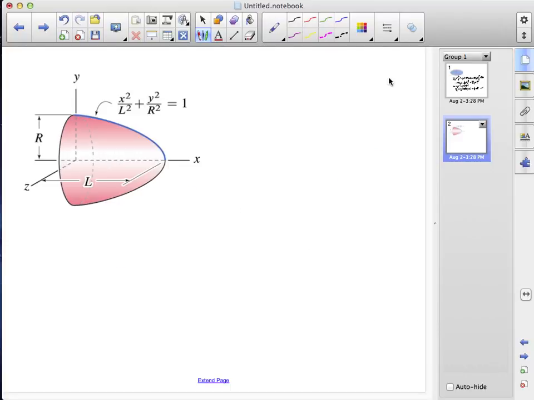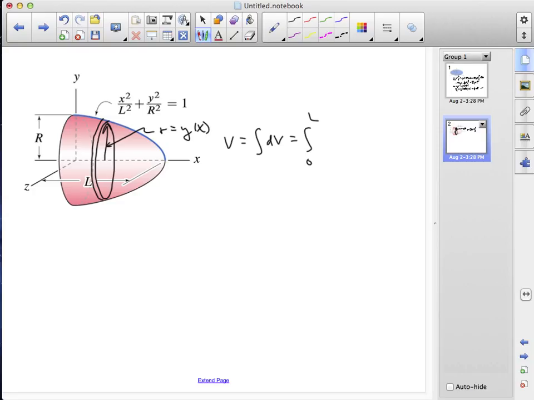Because this is a non-standard object of revolution, and we don't have its volume tabulated in the back of the book, we should first verify the expression for the mass. We can do this by summing disk elements over the length to get the volume. That is, we could write the volume as a sum over the length from 0 to L in x.